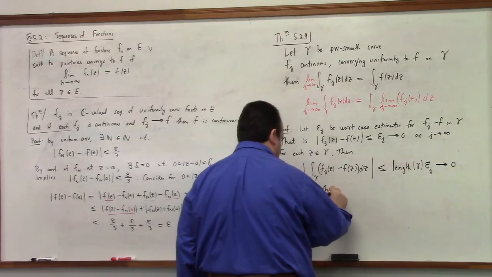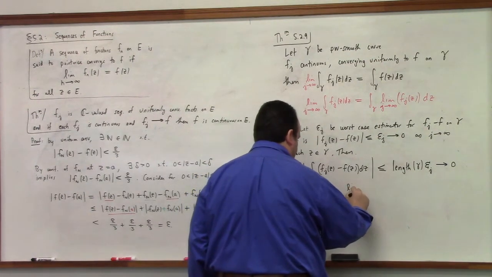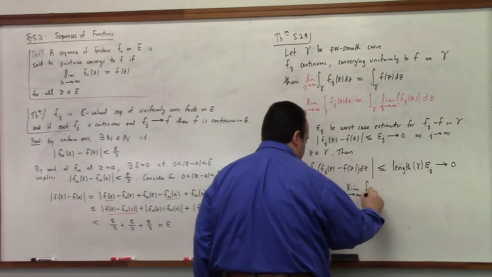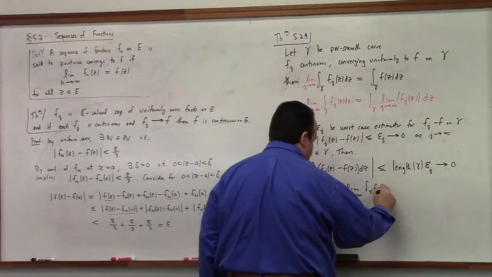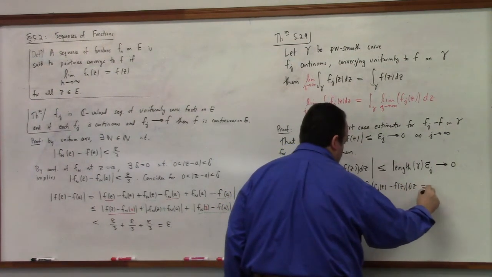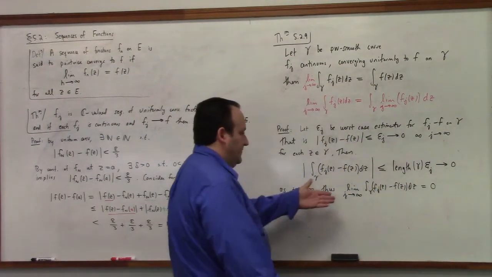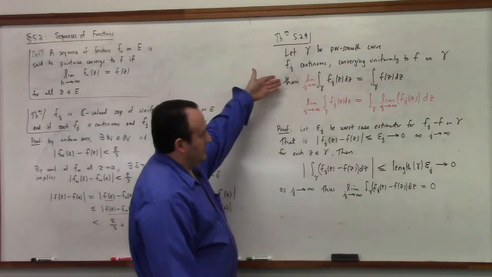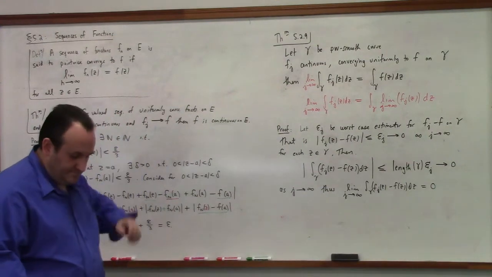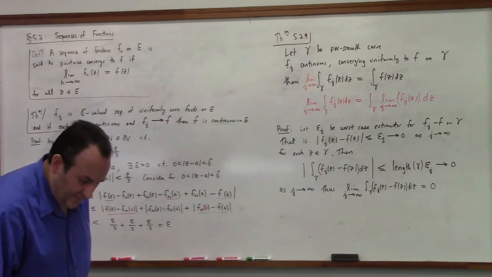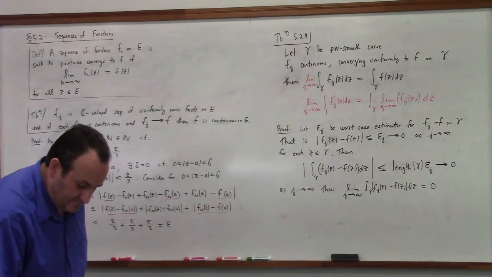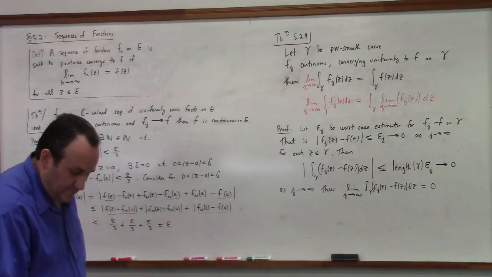Thus, the limit as j goes to infinity of the integral over gamma of fj of z minus f of z dz is equal to 0. And from that, we immediately get this result up here. So the theorem follows from that.